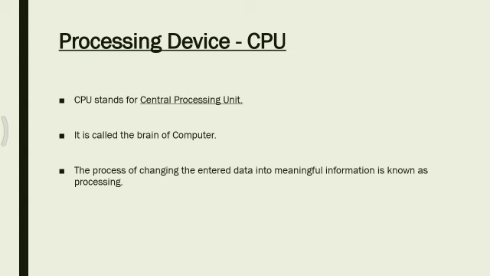The process of changing the entered data into meaningful information is called processing. We input the information to the computer and it is processed in the CPU and then gives the answer. So what is the full form of CPU? It is the central processing unit and it is the brain of the computer.